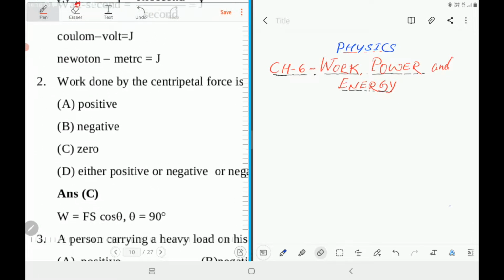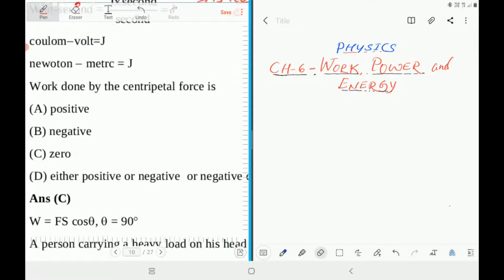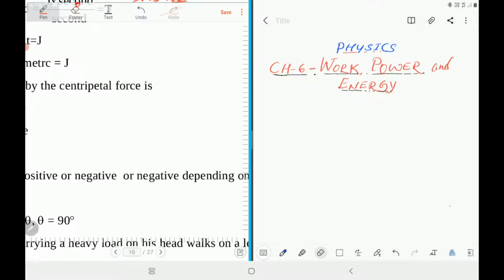Now I'll see the second one. The work done by centripetal force is... the centripetal force concept you learned in the previous chapter, uniform circular motion. Newton's first law: every body continues to be in a state of rest or uniform motion unless a force acts. In circular motion, the velocity is tangential and continuously changes from point to point.